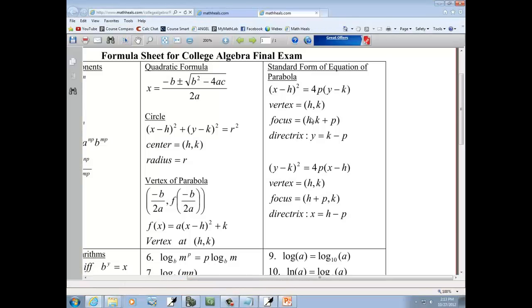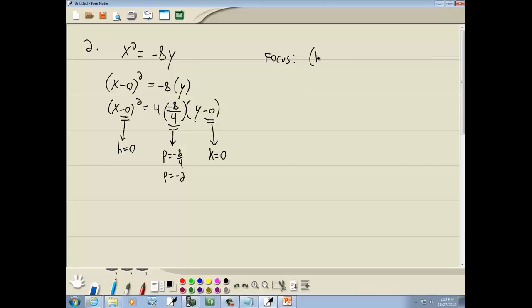We're using the top formula here. So focus is h, comma, k plus p. Well, h we said was 0. k is 0 plus p, which was negative 2. So our focus will be 0, negative 2.